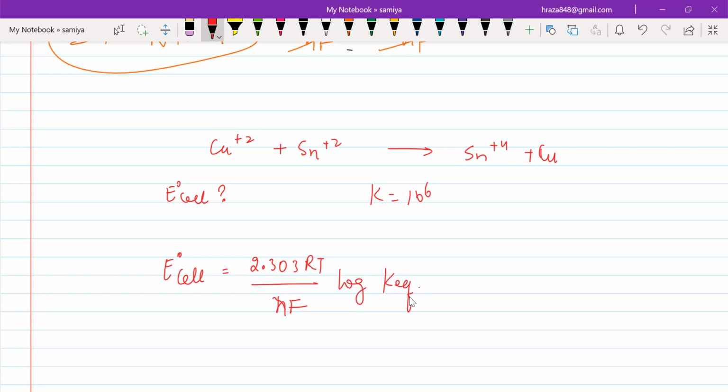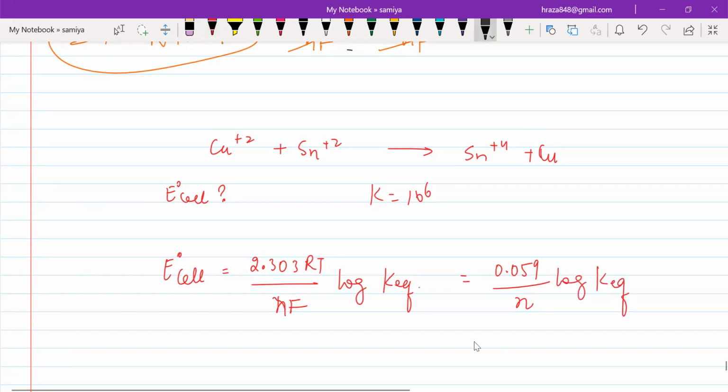This is the formula. Yes or no? You know this formula? Yes, sir. So I can also write 0.059 upon n and directly log K equilibrium.